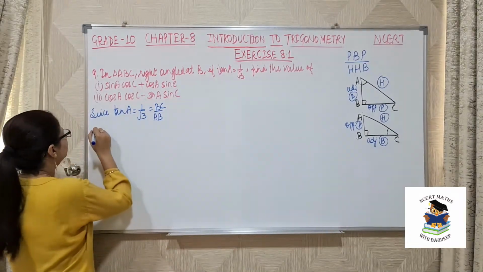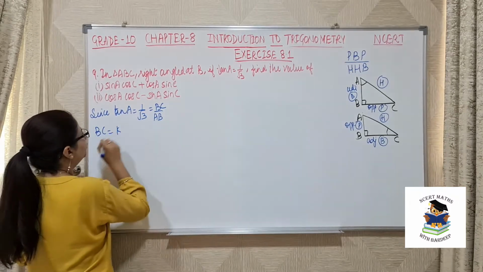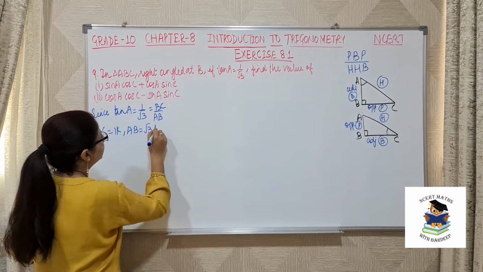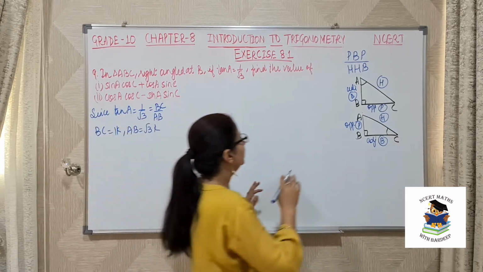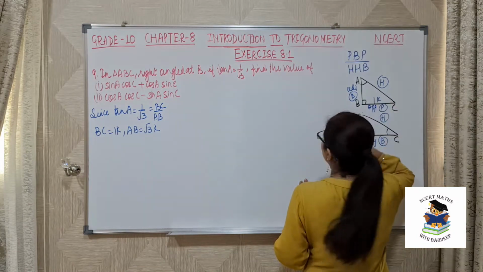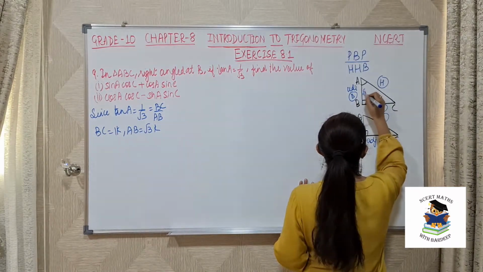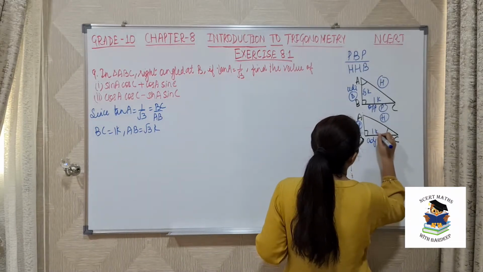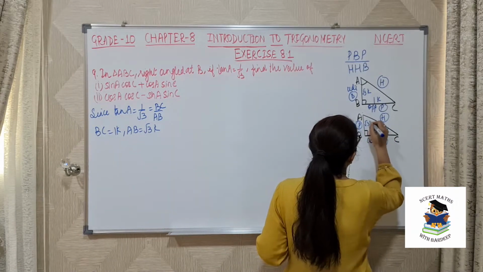So now let's assume BC as 1K and AB as root 3K. Okay. So here BC is 1K, this is 1K and this is root 3K. Okay. So here also values will be same because length are same.